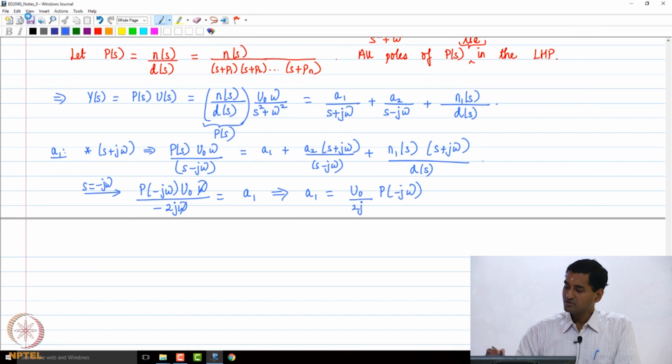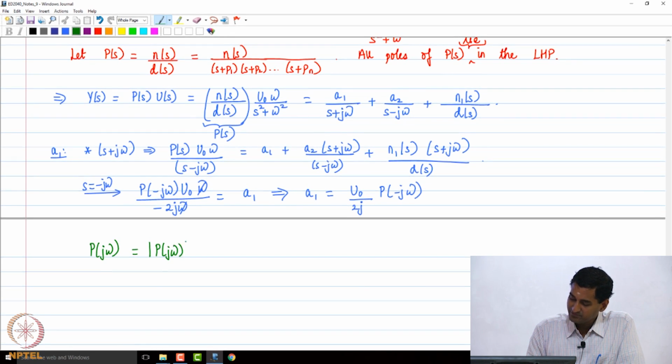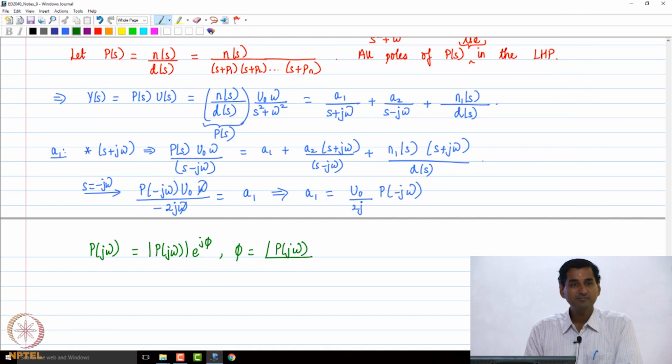So, if I have a complex variable P of j omega, I can rewrite this as the magnitude of P of j omega times e power j phi, where phi is the phase of P of j omega. This is one representation of a complex variable. Do you agree?